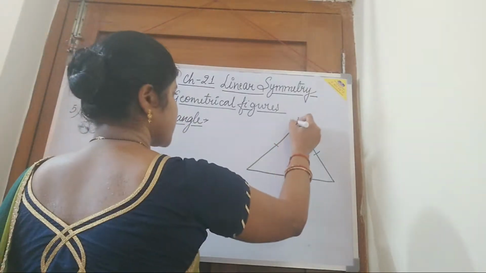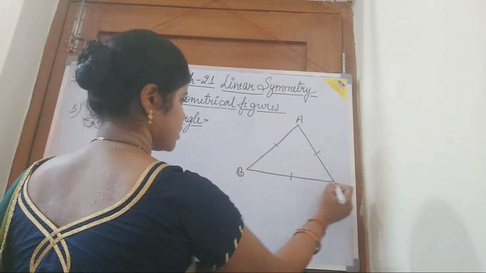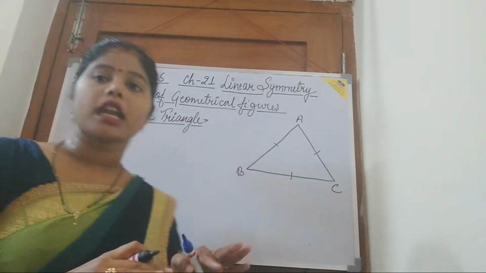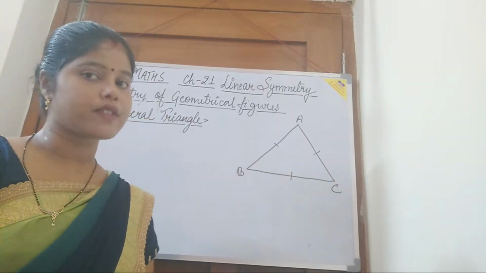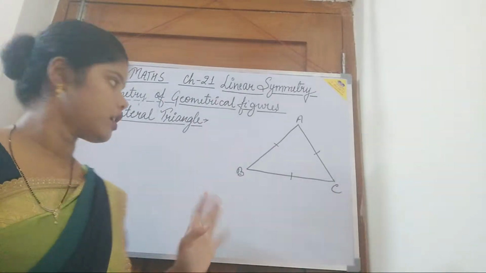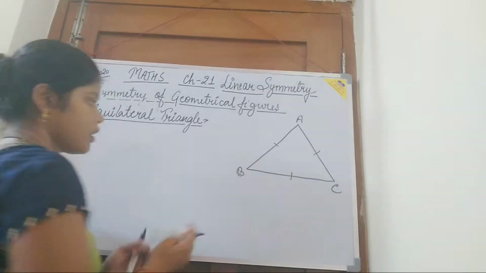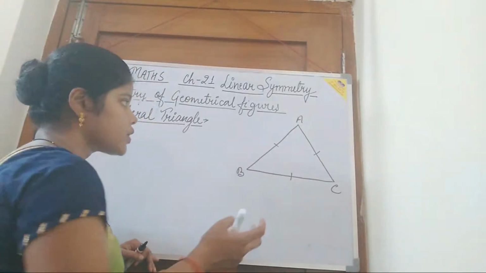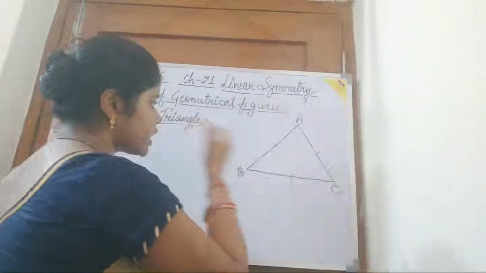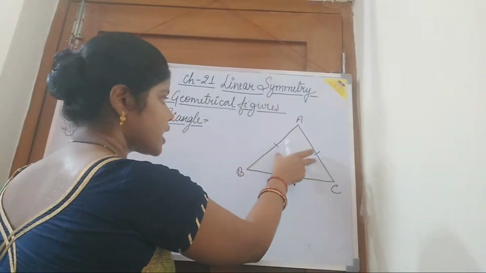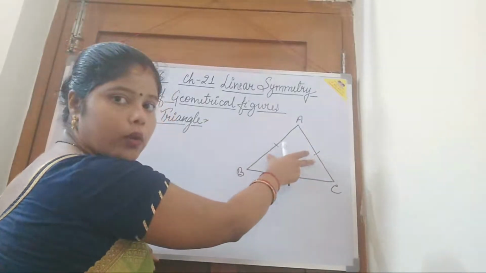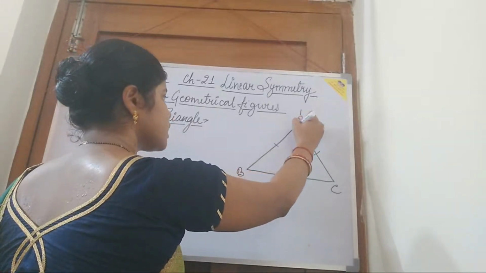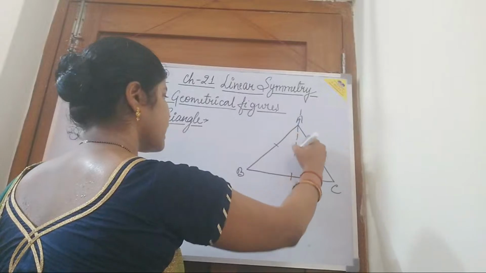Okay, name it as A. So if all the three sides are equal, how many lines of symmetry do we have in this figure? As you know, in an isosceles triangle, if two sides are equal, then we take the angle between them. So here, if we take AB equal to AC, that is two sides are already equal, we will draw the line of symmetry between these two equal sides.